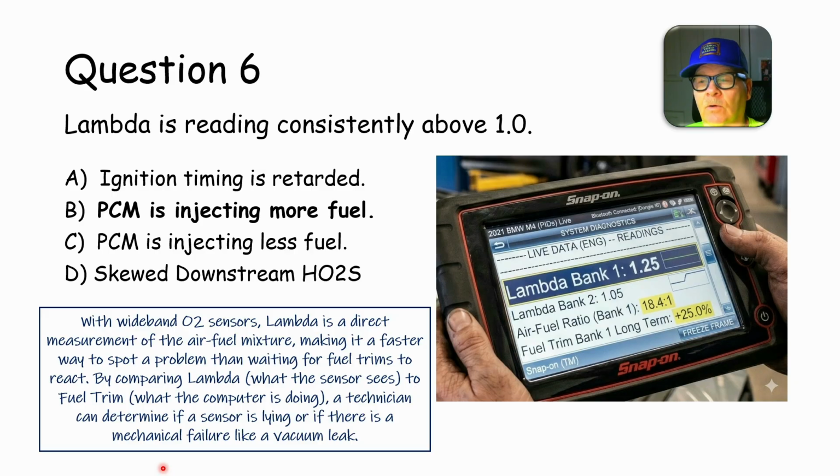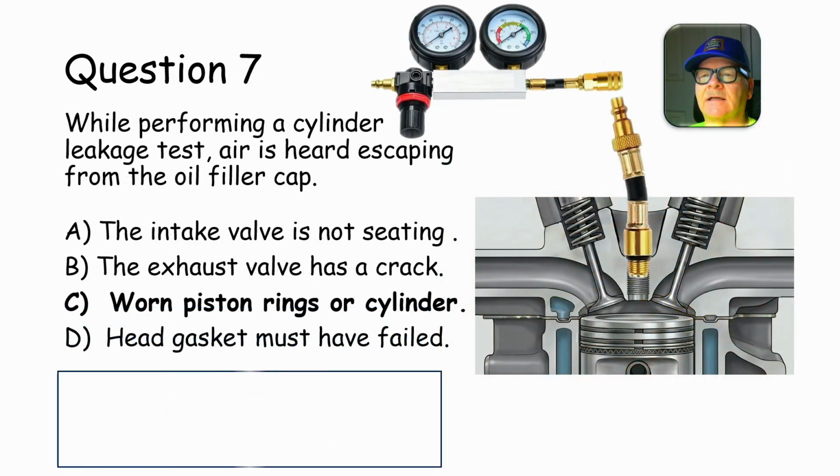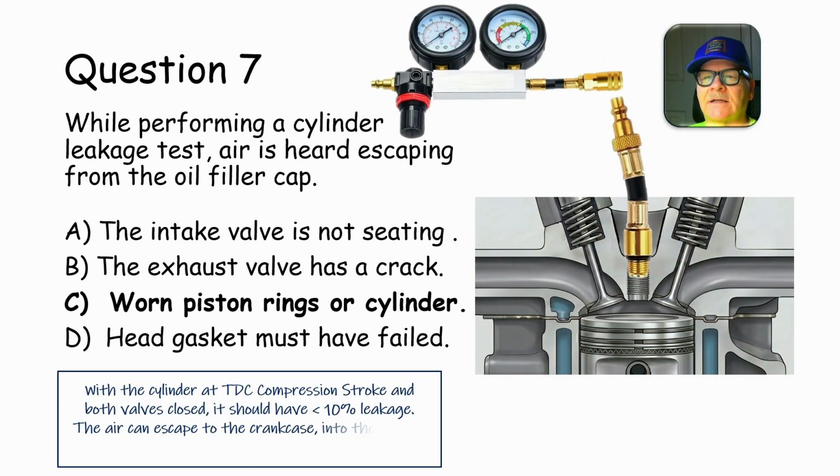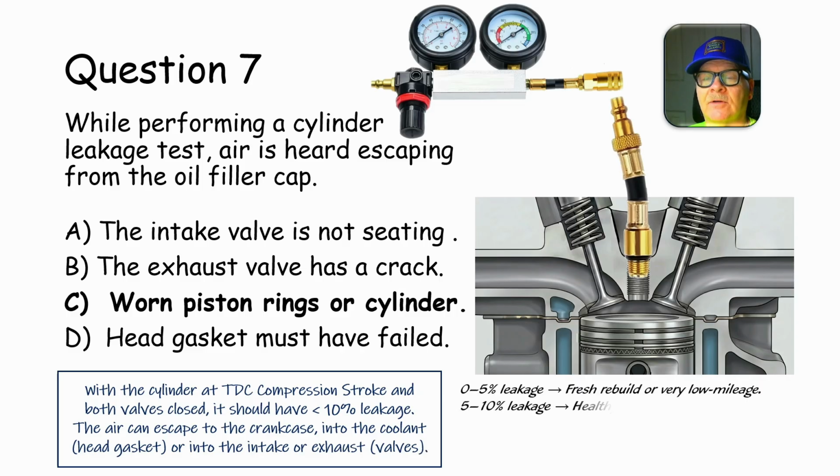You've got to work on something else and figure out what else is wrong with it. Anyway, so you compare fuel trim to lambda, and so fuel trim's what the computer's doing, lambda's what the sensor sees basically.